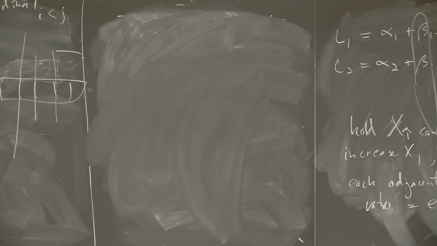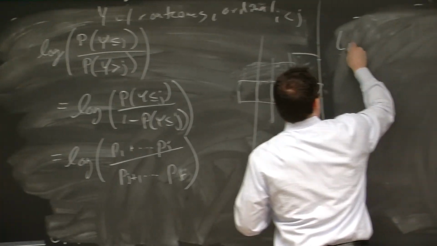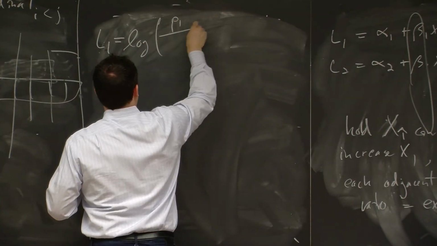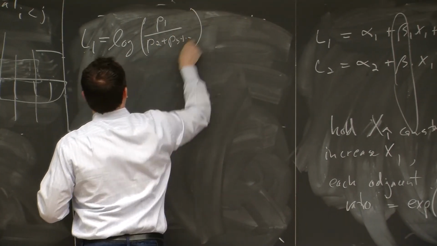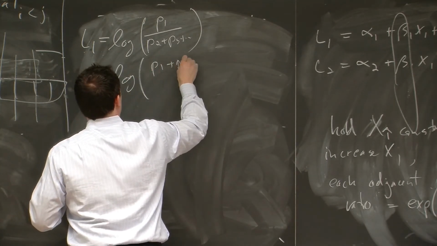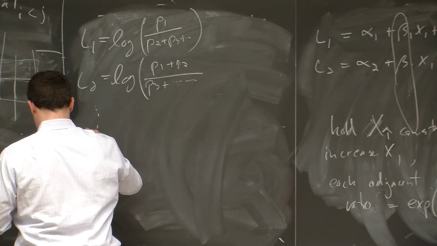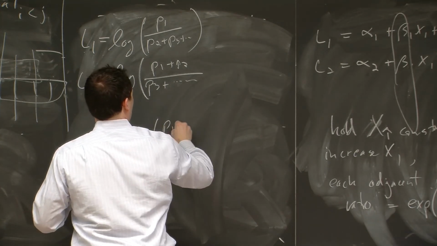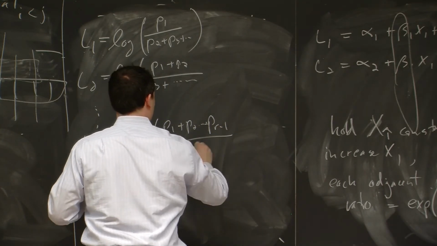So we take each of these and put them equal to something: P1 versus the rest, P1 and P2 versus the rest, up to log of P1, P2, up to P(r minus 1) versus Pr.